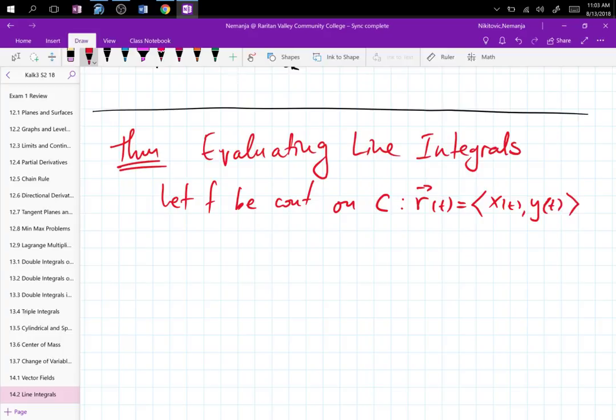These are your friends from chapter 11, all the way from chapter 11. For t being trapped between a and b, those are your limits of integration.